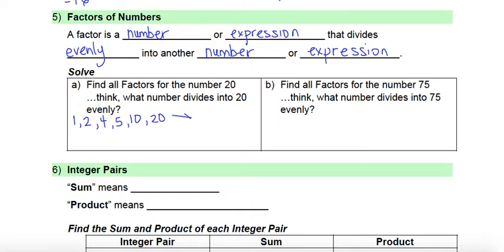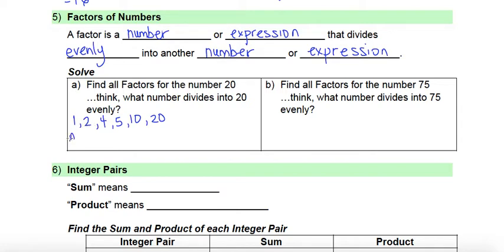So you can think about these factors as well as numbers that can multiply to give you those values, right? So 1 times 20 gives you 20. 2 times 10 gives you 20, and 4 times 5 gives you 20. So all of these numbers divide evenly into 20, but we also have to remember that not only positive numbers will divide evenly into it, but negative numbers as well.